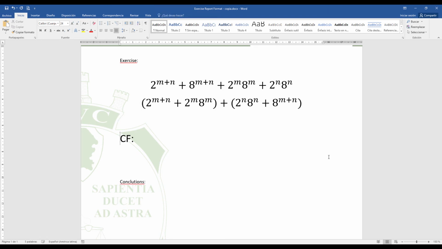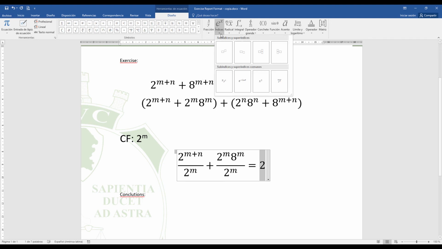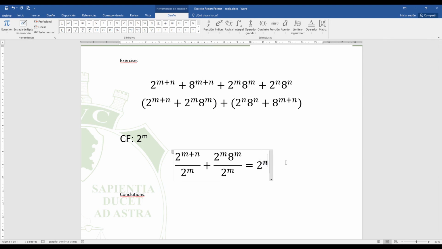The common factor of the first group: here the same base is 2 raised to m. So you will divide, and the result is 2 raised to n. Why?